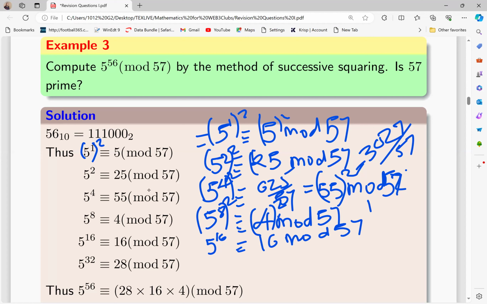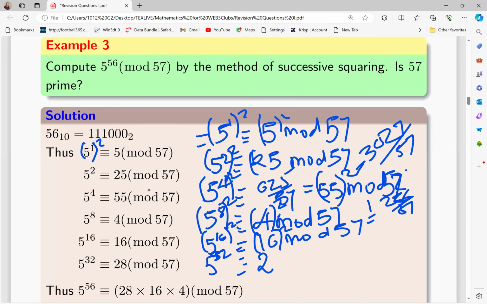Then the next stage, you again square 16. 16 squared is 256. 256 divided by 57, what do you get? 4, remainder 28.